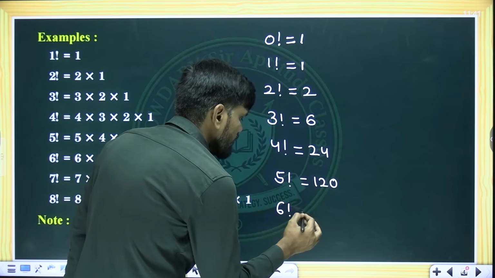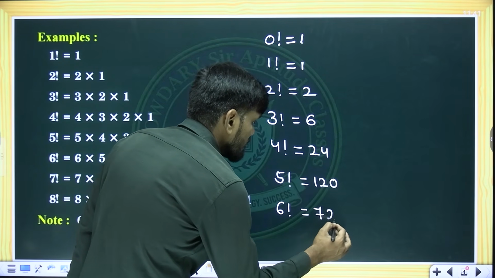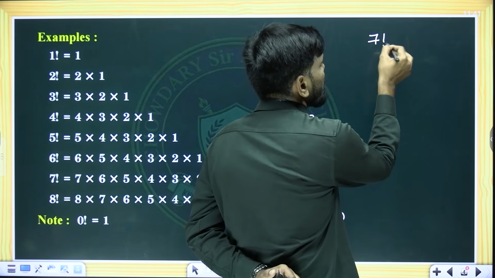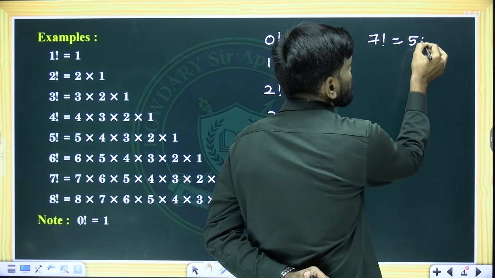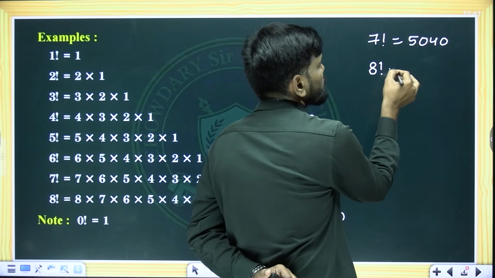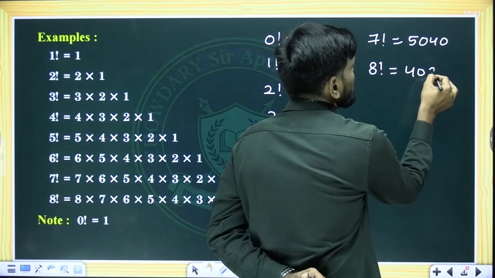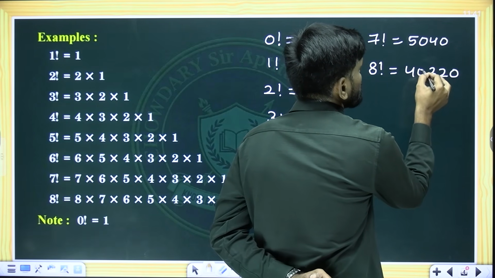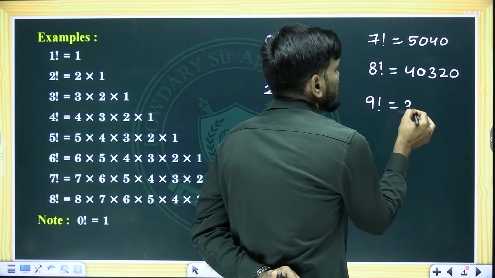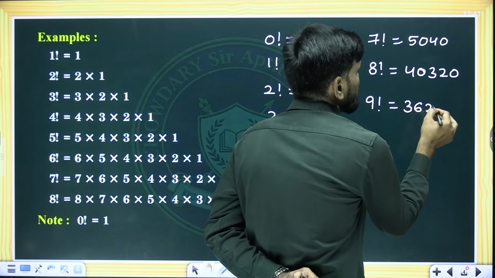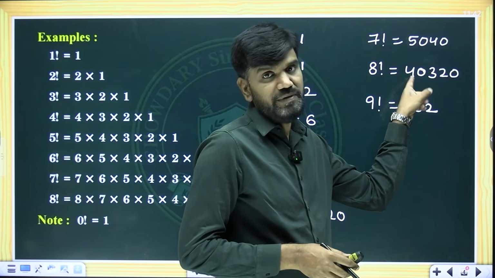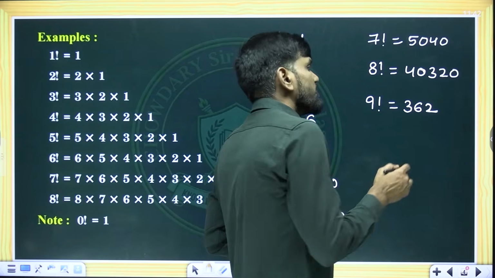6 factorial value should be 720. 7 factorial value should be 5040. 8 factorial value should be 40320. 9 factorial will be 3,62,880. See, 40320 into 9 gives you this: 3,60,000 when I multiply, and 320 into 9 will give you 2,880.